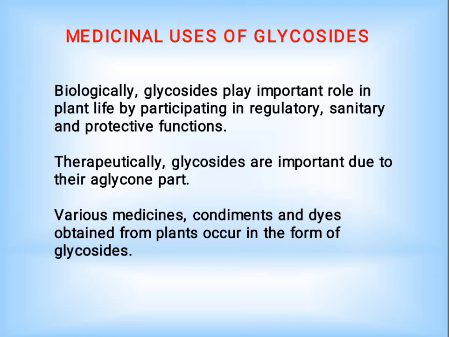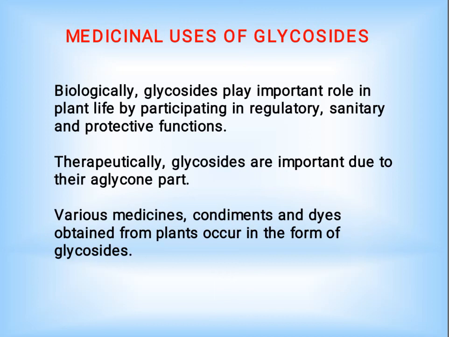We all know that plants are living organisms, and for growth and development, different types of chemical reactions are happening inside the plant body. The majority of glycosides present in plant tissues help in plant life by participating in regulatory, sanitary, and protective reactions going on inside the plant body.